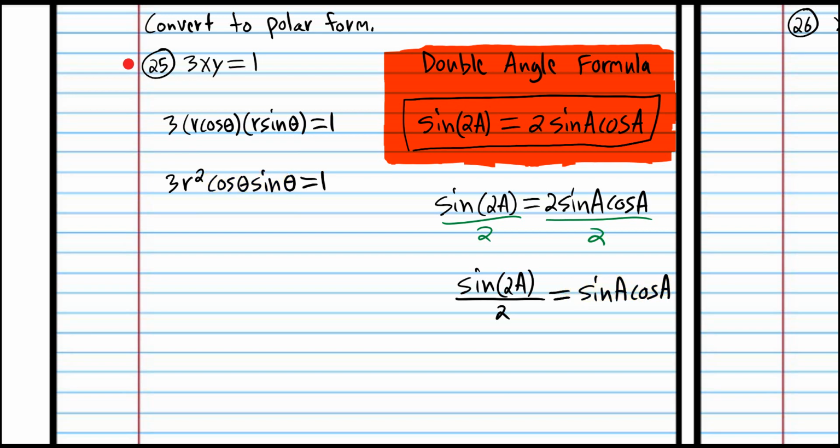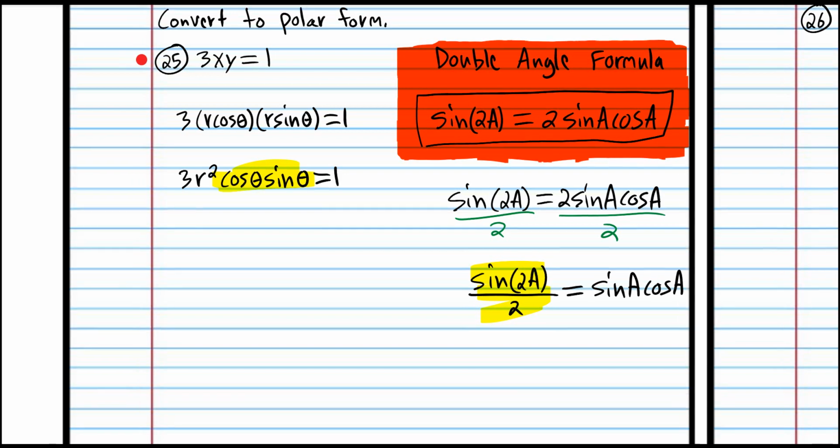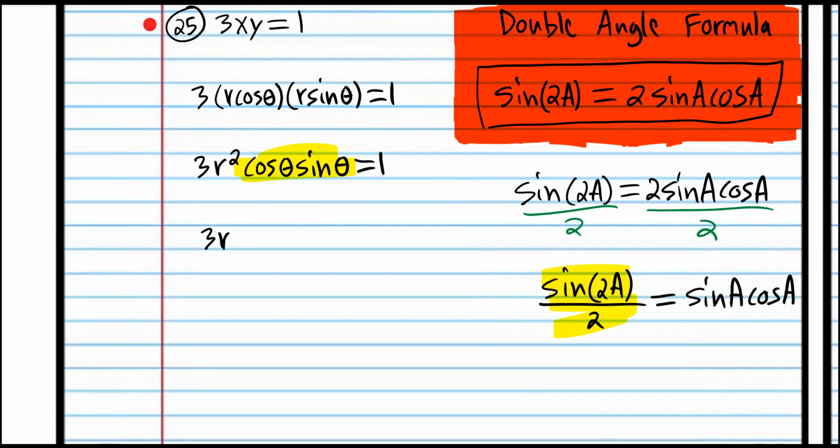So we're going to substitute. So we have 3r squared times sine 2 theta over 2 is equal to 1. Then we can take that 2 and put it under 3 just to make things nice and neat.